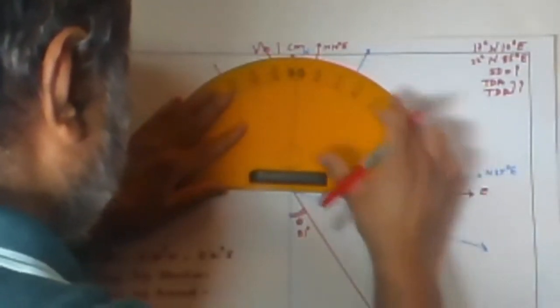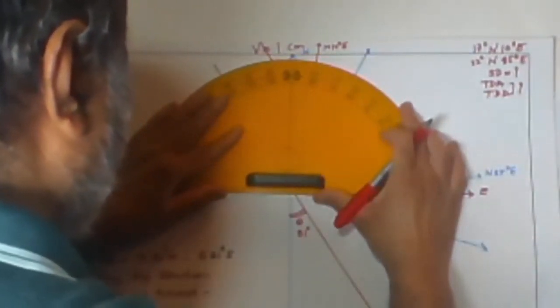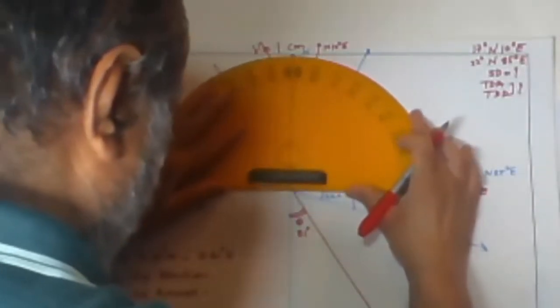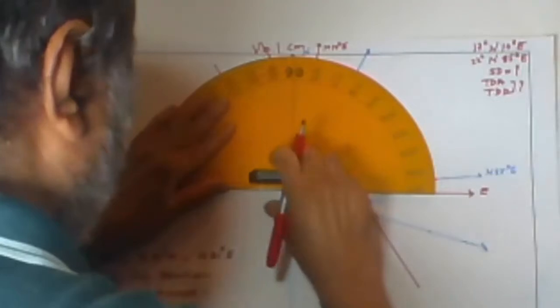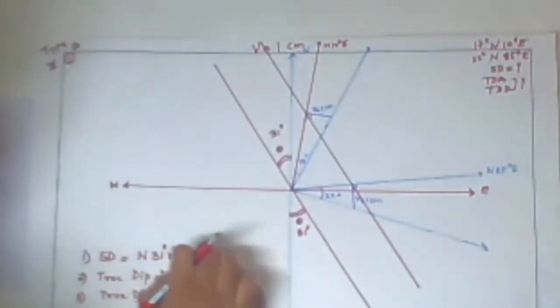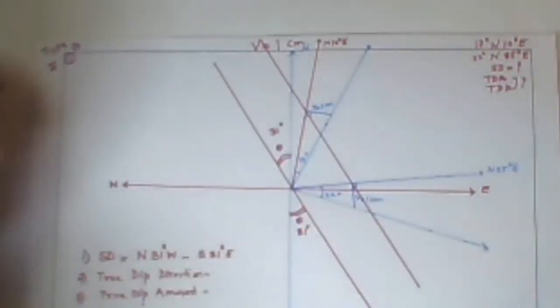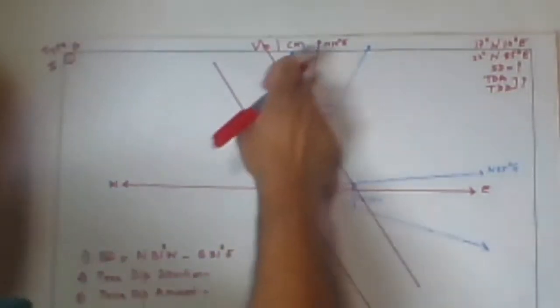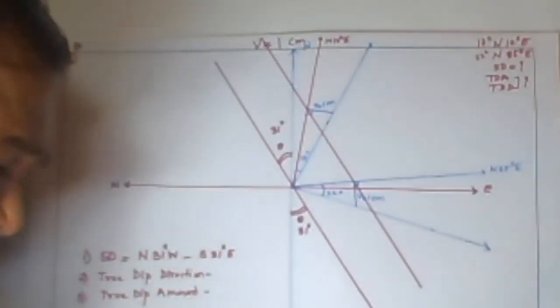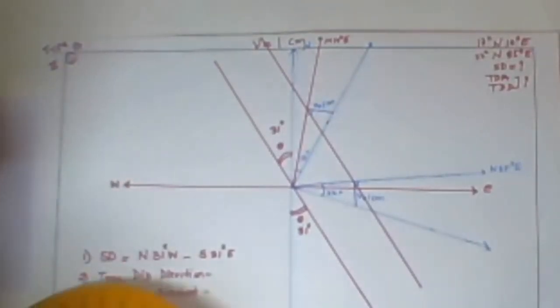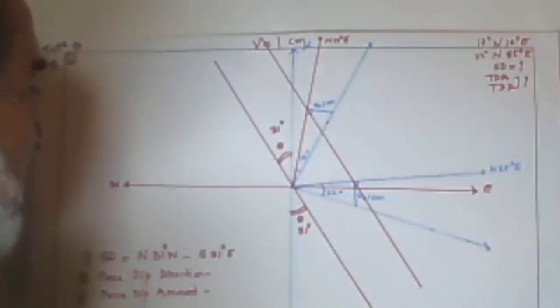Upper side we have taken 10, 20, 30, 32. It should be 35. Why is it so? Because the upper side I have taken with that transparent one. Degrees are different because these have been prepared for demonstration.